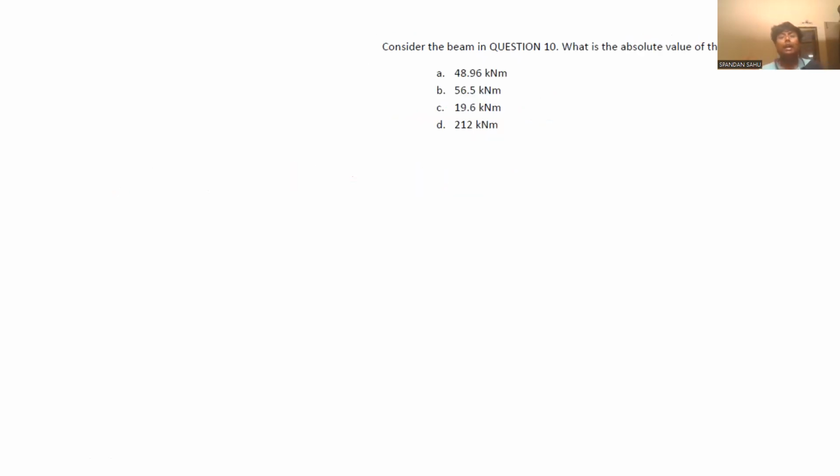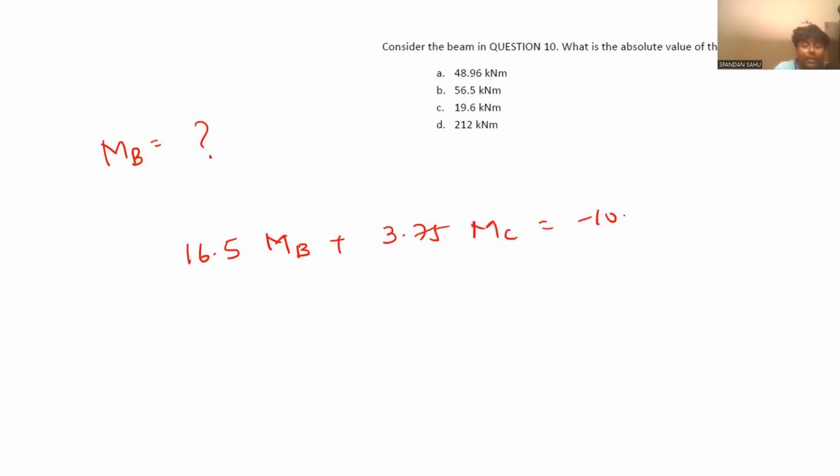Now they are asking to solve the moment at B, MB. So you have 16.5 MB plus 3.75 MC equal to minus 106.67. Similarly, you have 3.75 MB plus 11.25 MC equal to 1920.